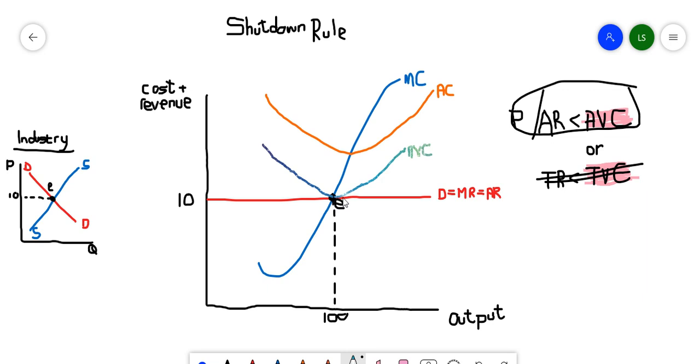Your shutdown rule is that the firm will shut down if average revenue is less than average variable cost. Anywhere below this point, if prices go below this, they will not produce any further. So this point E on the graph, when you draw this, you physically have to say this is my shutdown point.